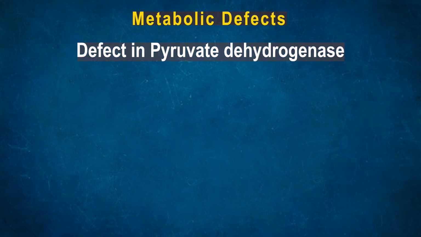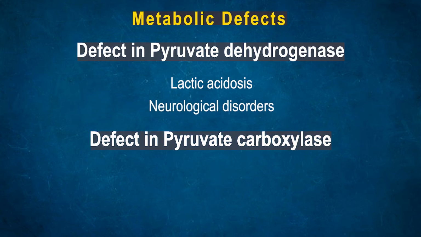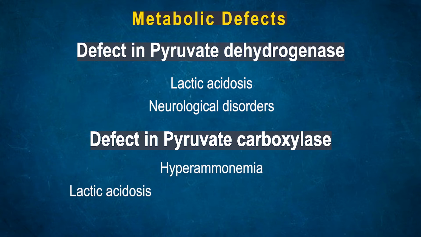The metabolic defects are extremely rare but they happen. Defects in the pyruvate dehydrogenase enzyme complex cause lactic acidosis and neurological disorders. Defect in pyruvate carboxylase can cause hyperammonemia as well as lactic acidosis. Variation.